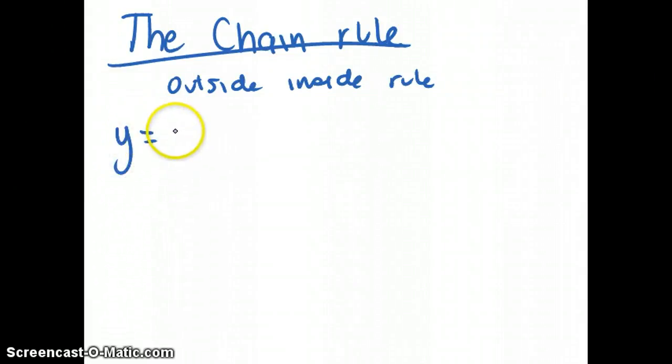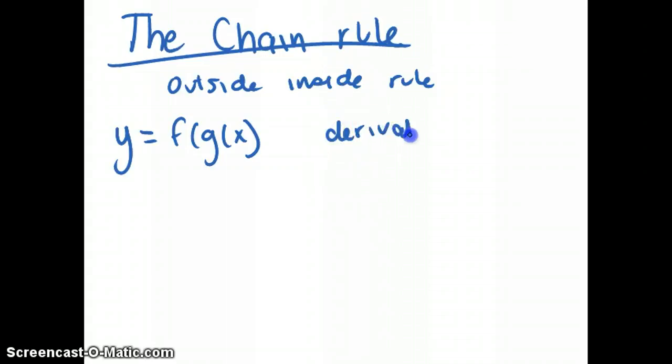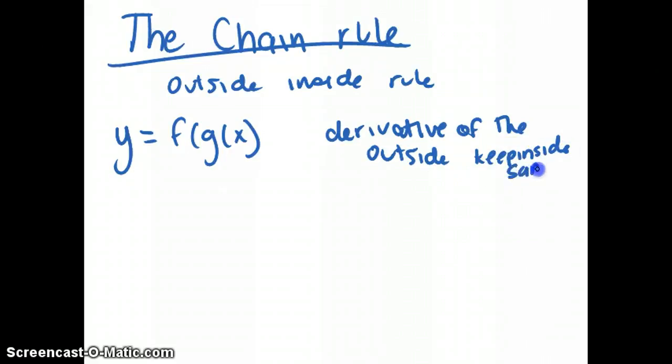So if it's y equals f of g of x, you'll find the derivative of this by taking the derivative of the outside, but you keep the inside the same, times the derivative of the inside.